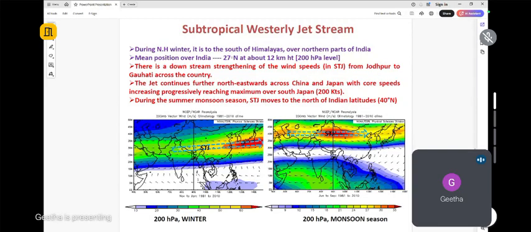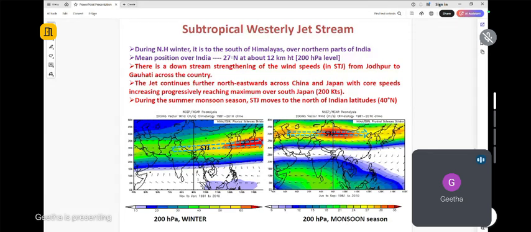Then I'm showing you another picture, June to September. The same winds over the same region. But where do you see the maximum wind speeds? Now along 40 degrees north latitude we are seeing the jet streams. During the monsoon season, the subtropical westerly jet is not seen over the Indian region. It is seen to the north of the Indian latitudes. So here you clearly see, along 40 degrees north, the strong wind speeds.